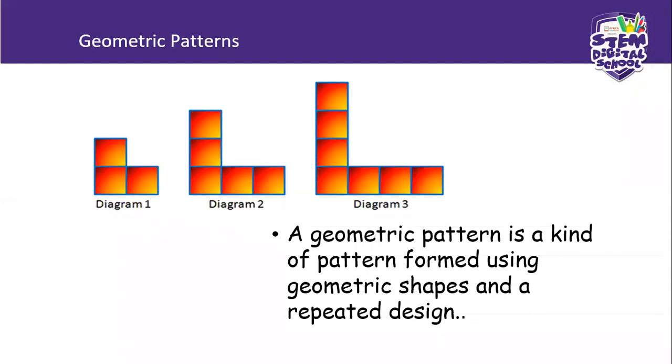So the last time we spoke about geometric patterns, a pattern formed using geometric shapes or repeated as a design. Then we said a pattern is like a trend, something that keeps on going, happening on and on repeatedly.